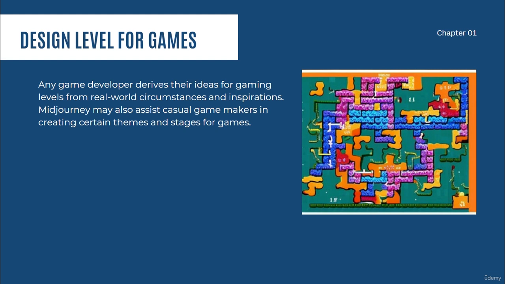And if you're a true artist, you will get mind-blowing ideas out of these productions, and you can convert them into reality for your game development, for the background task, or if you are doing some casual gaming, you can check out the background or the level decisions for your game by using Midjourney.